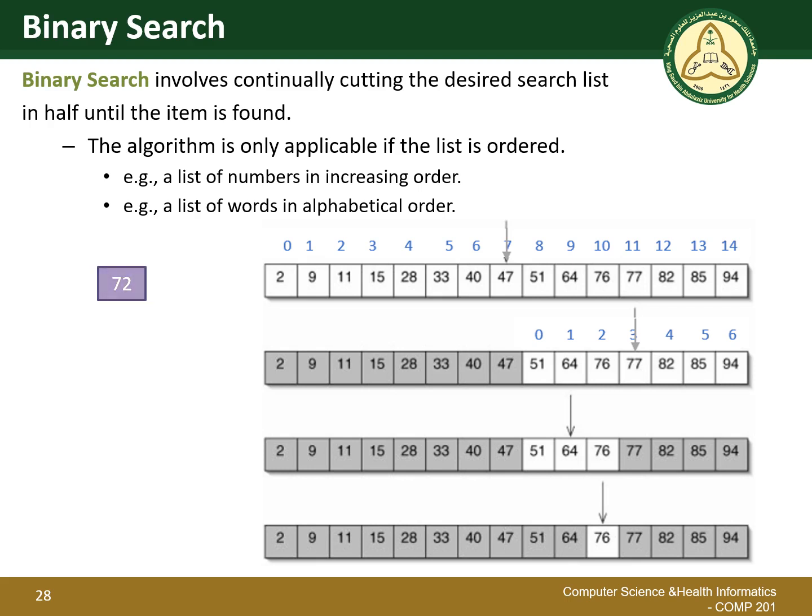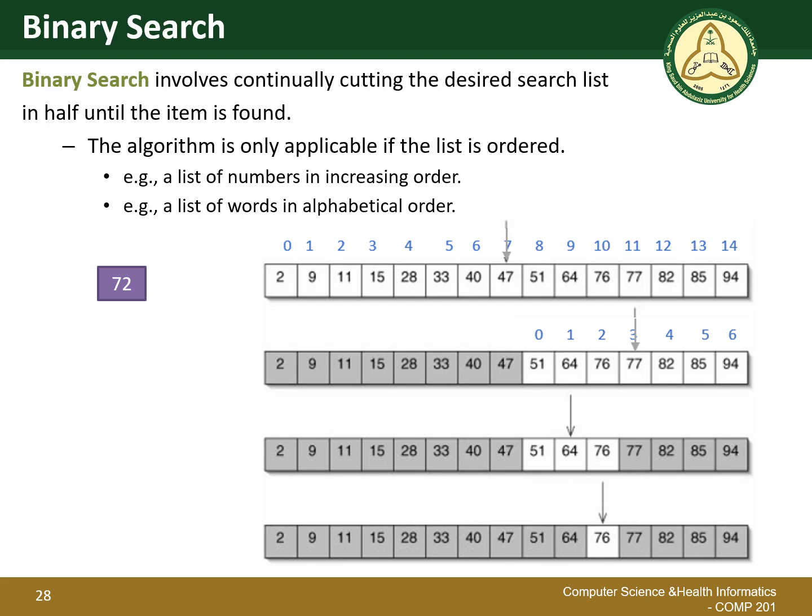Initially, the entire list is a potential range for the item we are looking for. It means the item could be at any location or index of the list. So in round one, we take the item that we are looking for and compare it to the middle point. The middle point here is at index 7, which is 47.